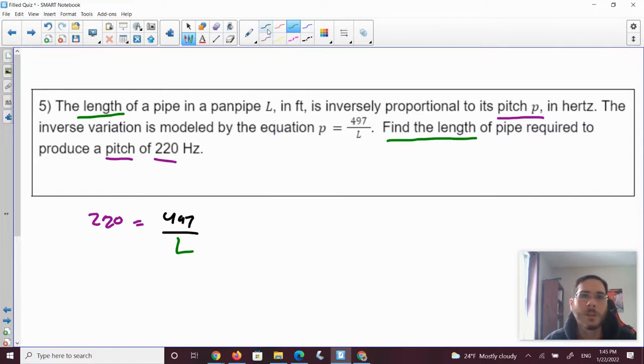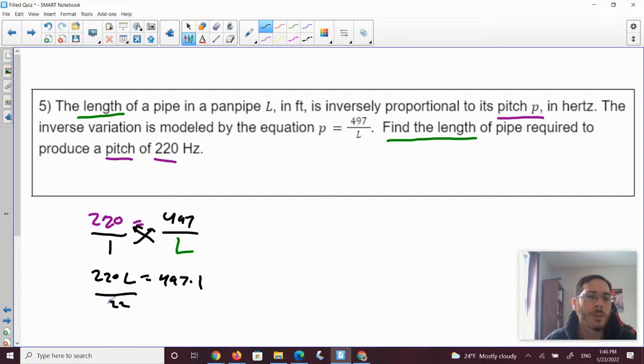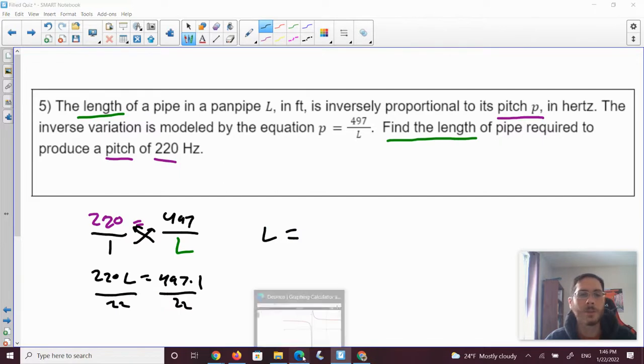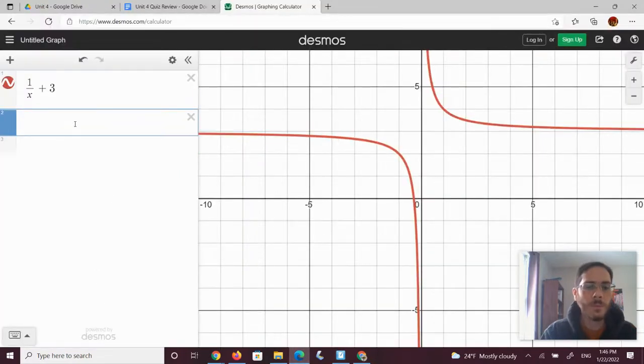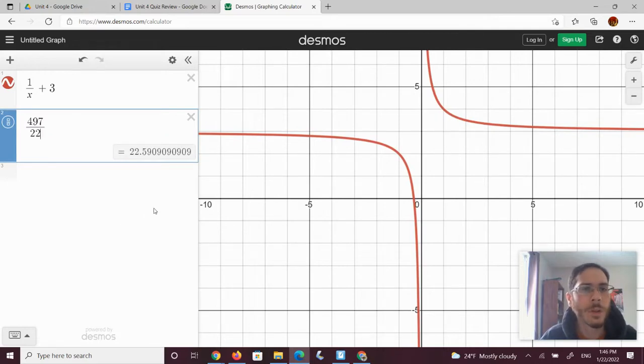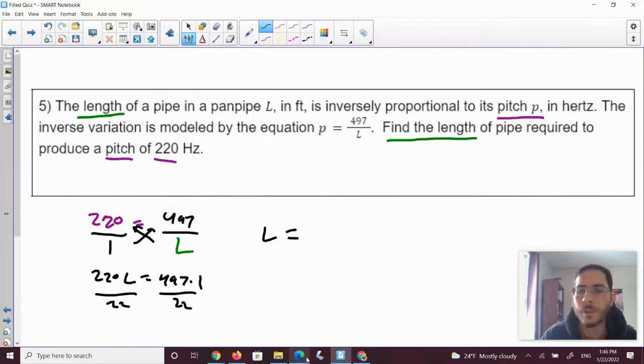And just like we solved these, like we did all the trig ones from last year, we put this over 1, and then we just cross multiply. So 220L equals 497 times 1. Divide both sides by 220. So L equals 497 divided by 220. 2.259. Seems pretty reasonable.